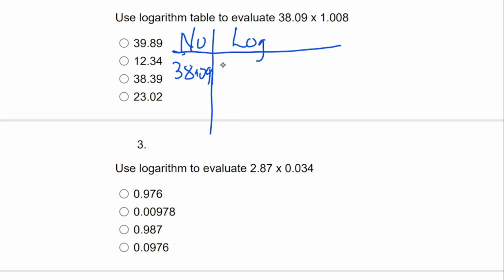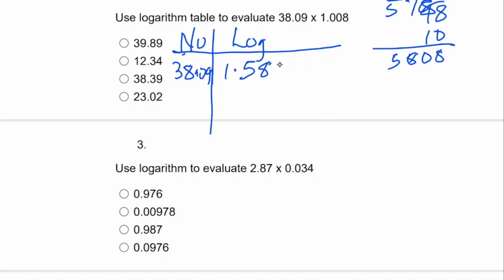The characteristic is going to be 1, so we have 1. Then we check 38 under 0, which gives 5798. The difference 9 is 10. So this is 5808.